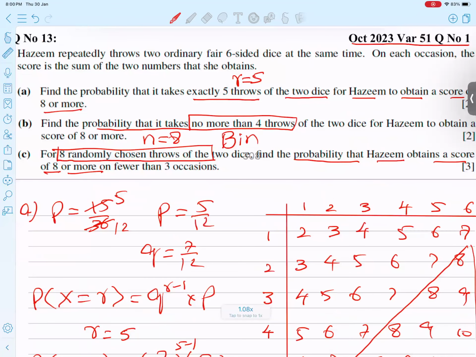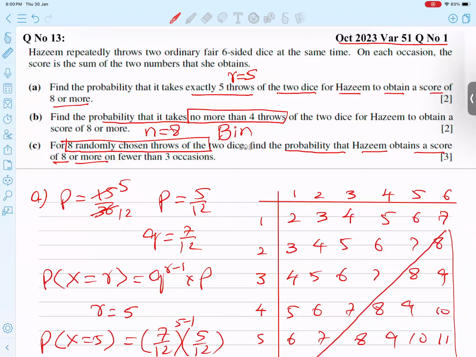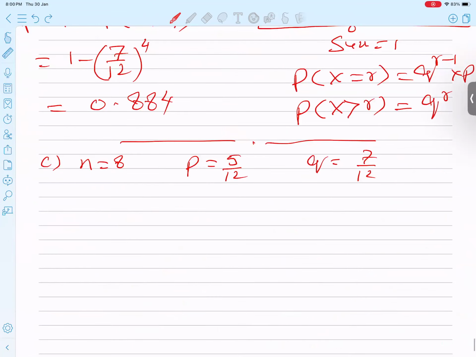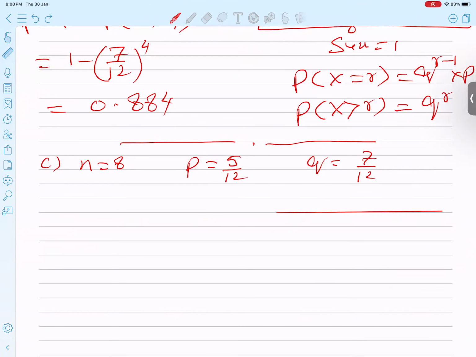And he's saying that the score occurs on fewer than 3 occasions out of 8. What does fewer than 3 occasions mean? If we check carefully, it starts from 0, 1, 2, 3, 4, 5, 6, 7 and 8. The 8 comes from here, and fewer than 3 means 2, 1, and 0.